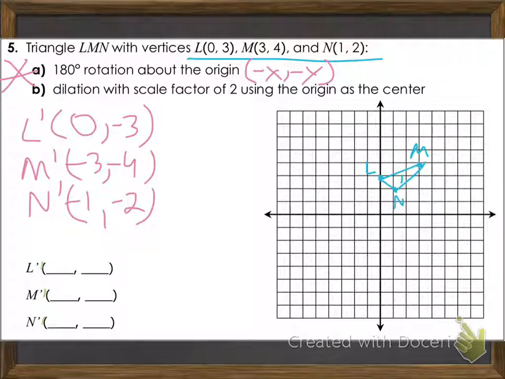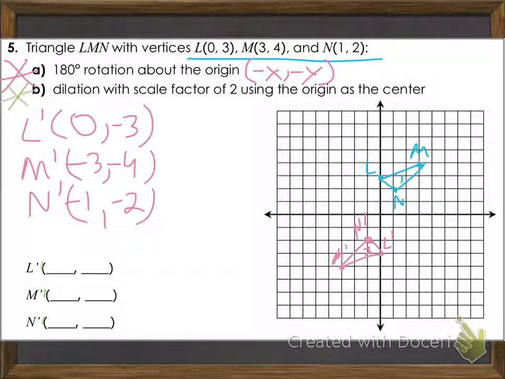So we're just going to go down 3 on the y-axis. So that's going to be L prime. For M prime, we go to the left 3 and then down 4. So that's going to be M prime. And then N prime is to the left 1 and then down 2. So right there is going to be N prime. So there is my second shape.